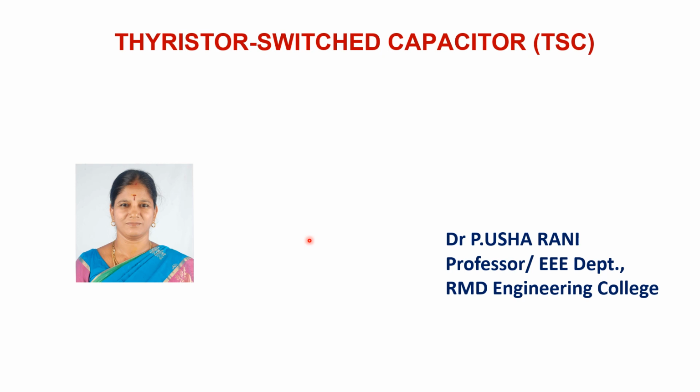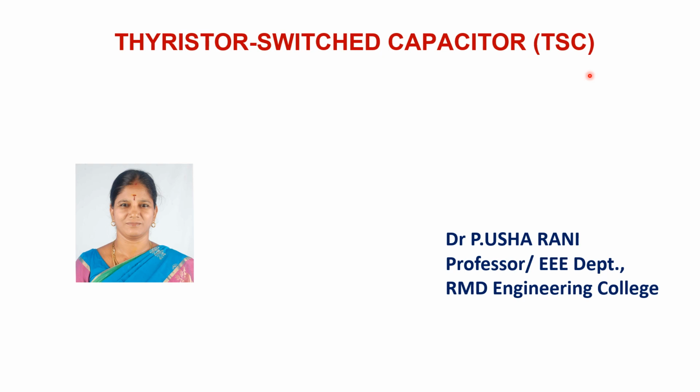I am going to brief about the topic of Thyristor-Switched Capacitor, TSC. In a power system, reactive power plays a major role, and reactive power control is very important. So various compensators are used for this purpose.